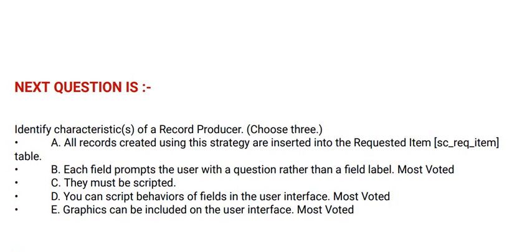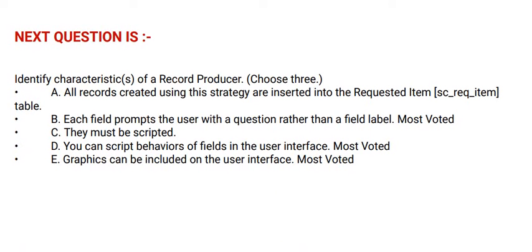Next question is, identify characteristics of a record producer. Choose three options. Option A, all records created using this strategy are inserted into the request item. Option B, each field prompts the user with the question rather than a field label.